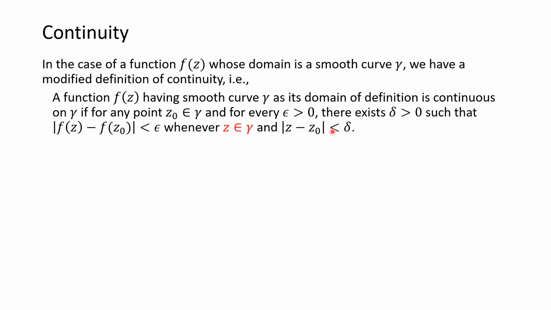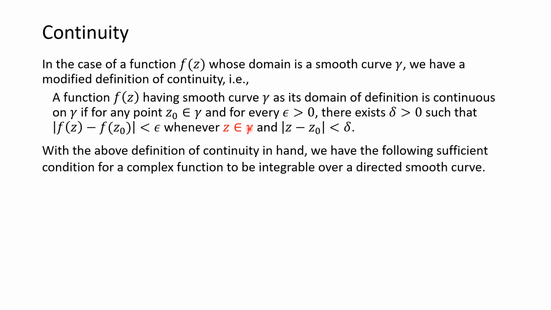So in the typical definition, whenever your z gets closer to z sub 0, it forces f of z to be closer to f of z sub 0. Here we have an additional condition that z needs to be a point on gamma.